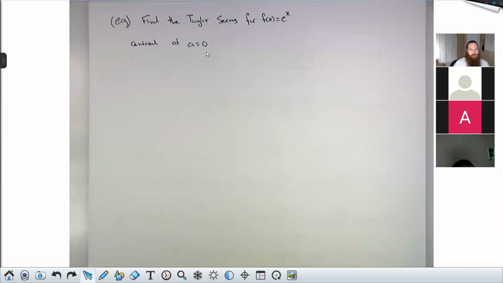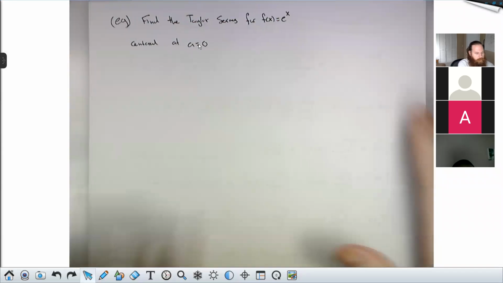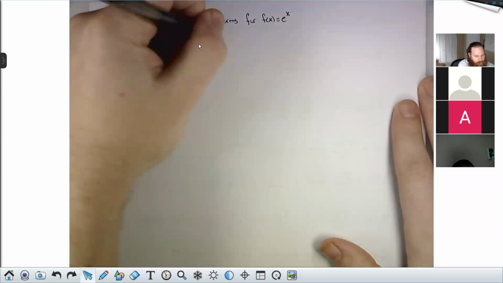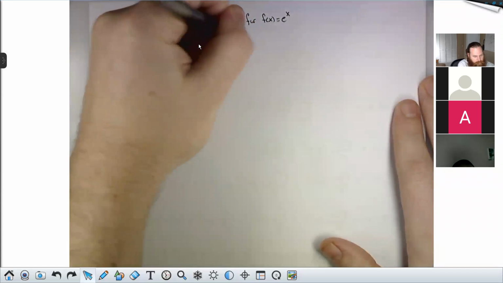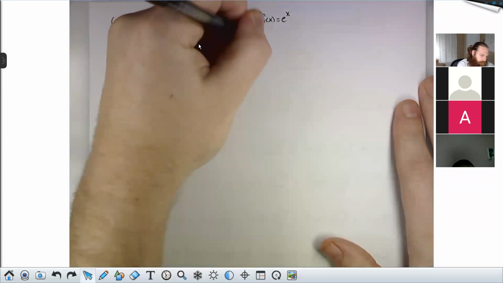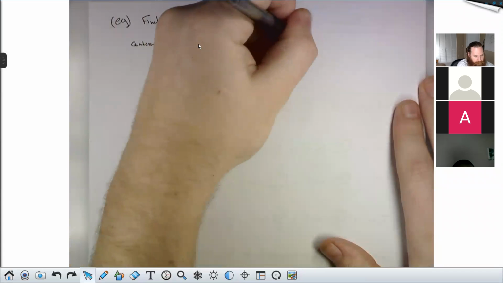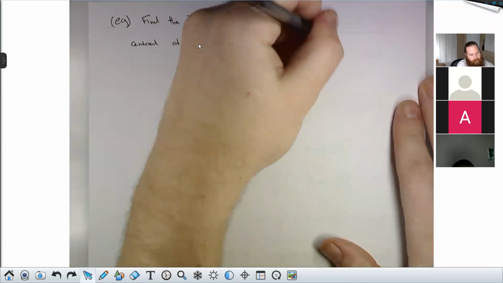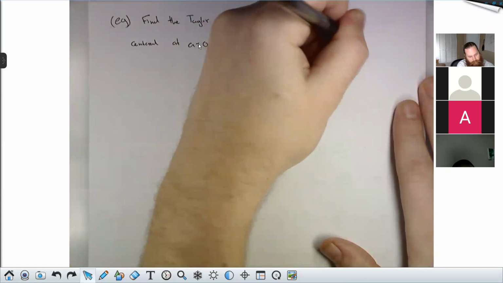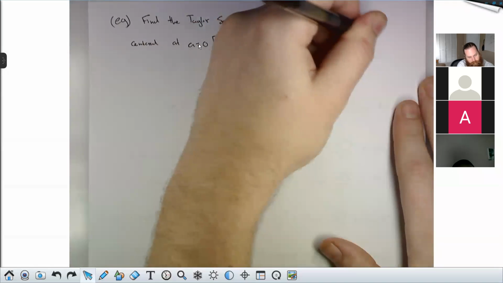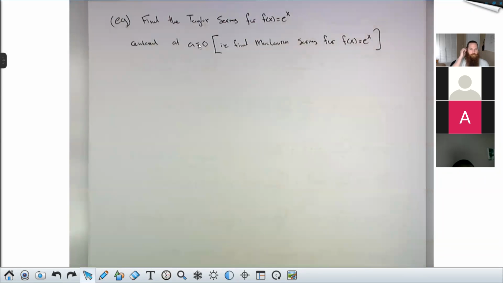A Taylor series centered at 0 is called a Maclaurin series. Okay, just vocab. The name for a Taylor series where the center is 0 is the Maclaurin series. They mean the same thing.